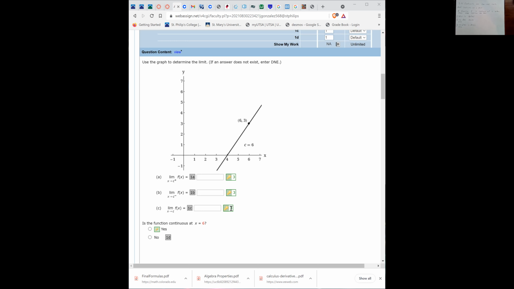Now, number three, is the limit the same as plugging in the number? The limit is 3, right? When you approach 6, if I plug in 6, I get 3, therefore yes. So it matches all three conditions in order for it to be continuous at the point 6.